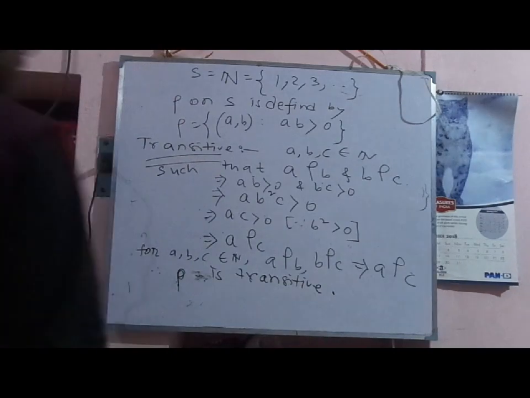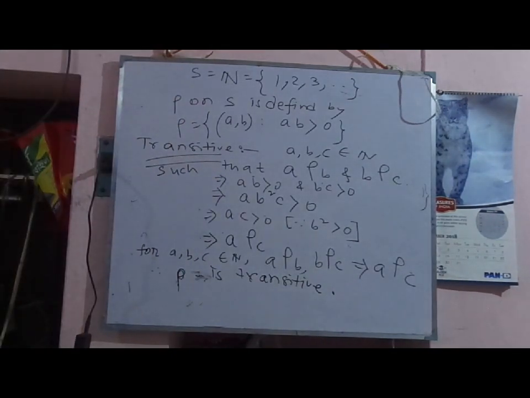In that case the relation is an equivalence relation because it is reflexive, symmetric and transitive. Now our question: what happens if we take the set of integers in place of the set of natural numbers?